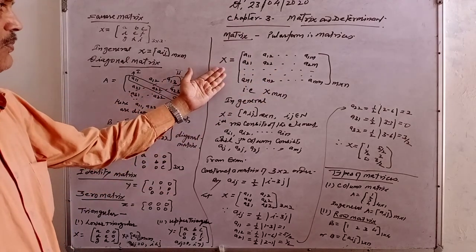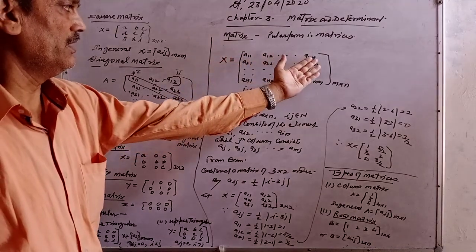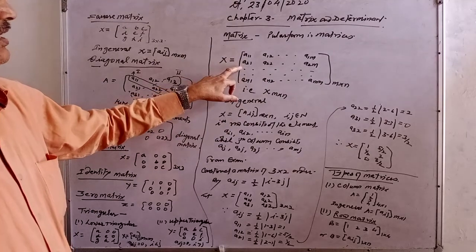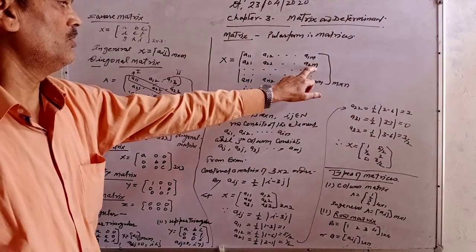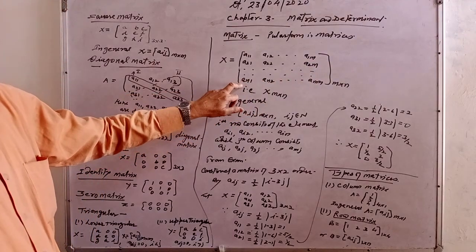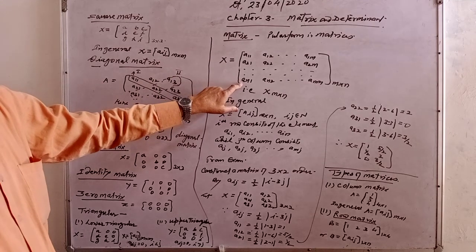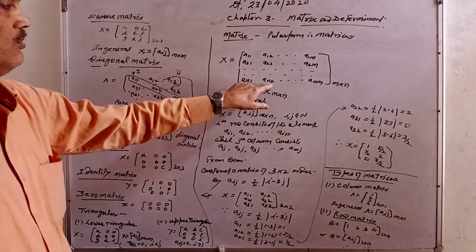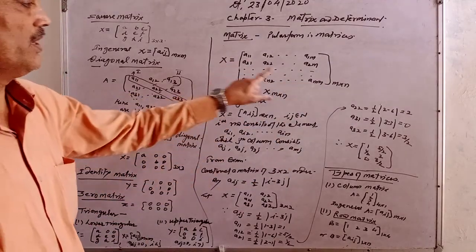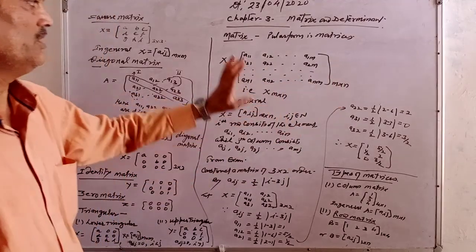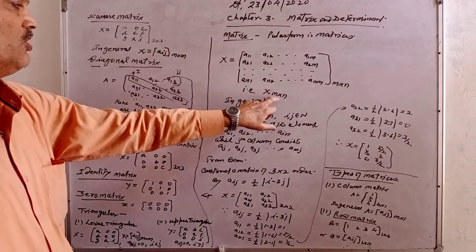Here in this example, elements a11, a12 and so on up to a1n, second row a21, a22 and so on up to a2n, the third row a31, a32 and so on, and the last row is am1, am2 and so on up to amn. Means the order of this matrix is m into n, means there are m rows and n columns, written as A of m into n.